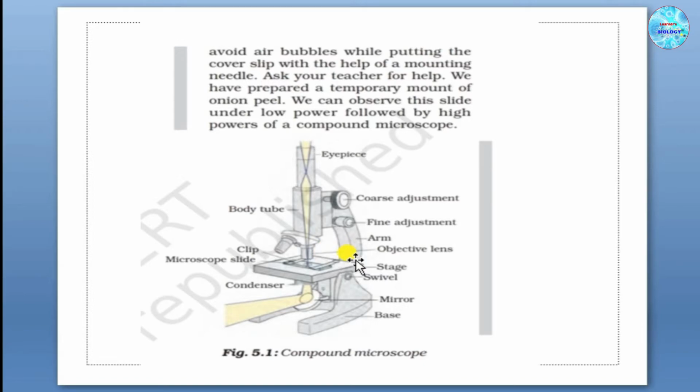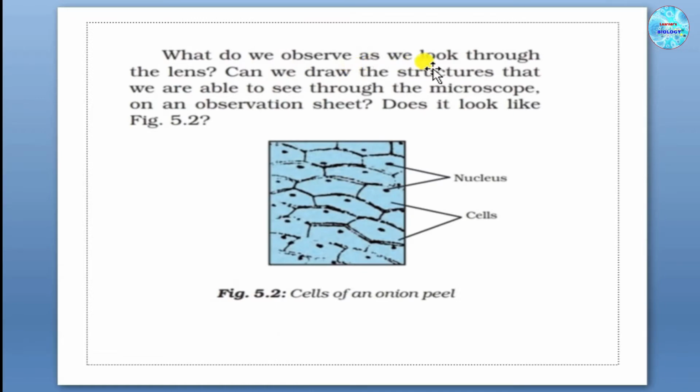Then this is the arm which you can hold. Here you can do the adjustment. This is the body tube, and here lies the eyepiece where you can put your eye and see the cells of the slide. When you observe the onion peel through the lens, you will see a structure of this sort.